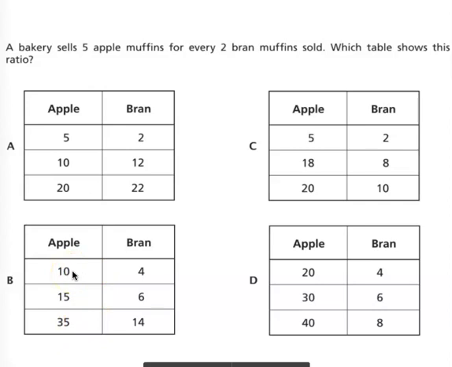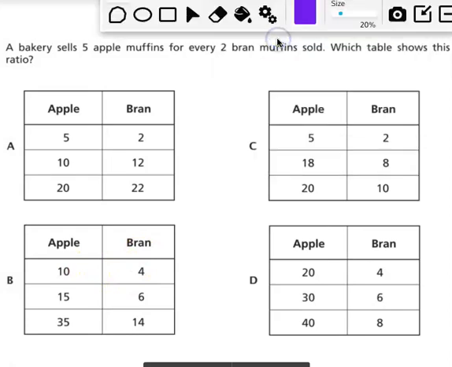Jen, what did you do again to get that? So since there are 10 apple muffins, it's times 2. So you start with 5, right? 10 divided by 2 is 5. That was the original.